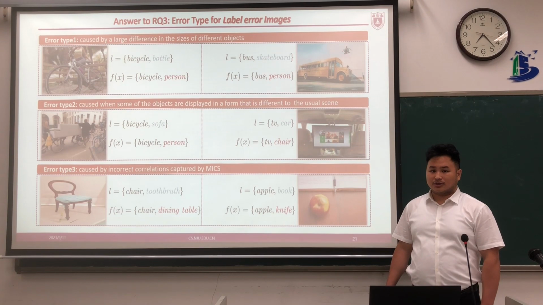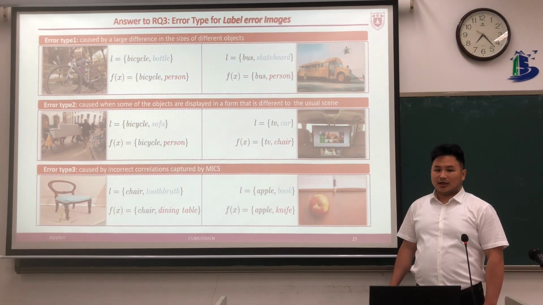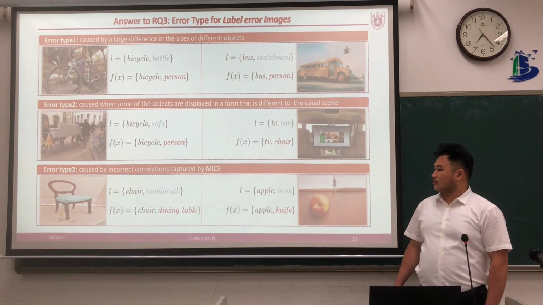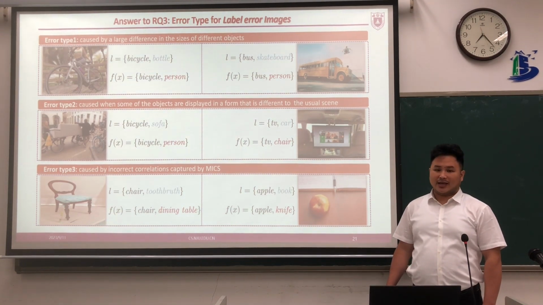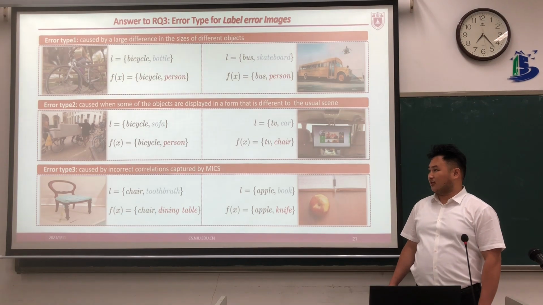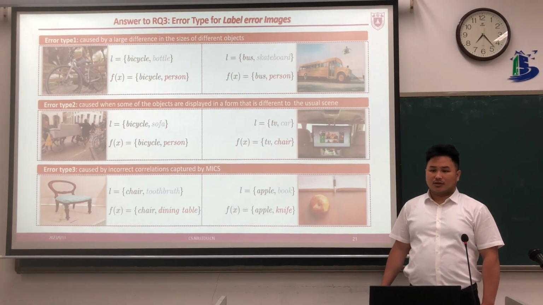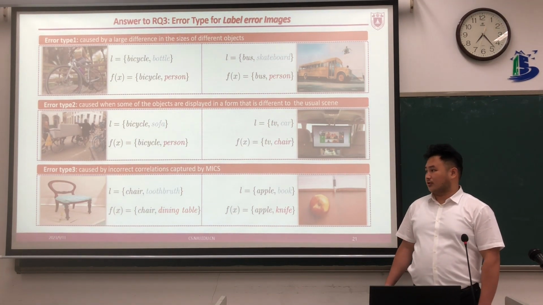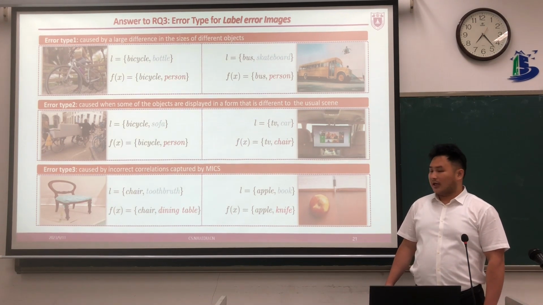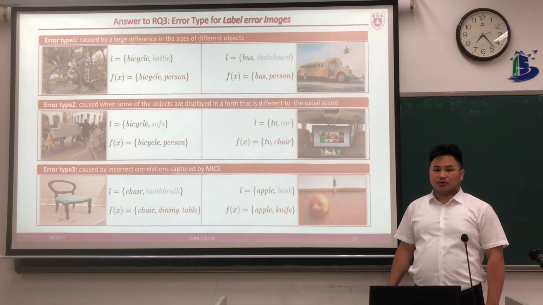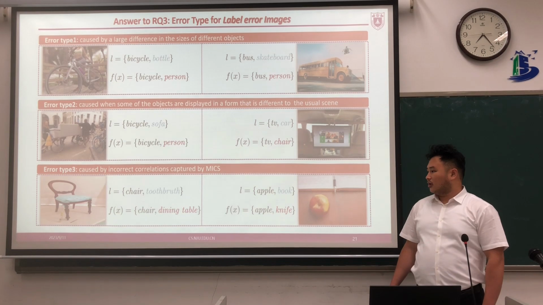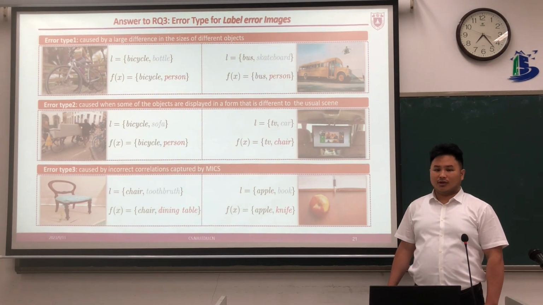Error type 2 is caused when some objects are in a different form. For example, the sofa shows its back when it appears with a bicycle. However, we often see the front or the side of the sofa. Error type 3 is caused when MSS captures incorrect correlations. For example, MSS outputs dining table when there is only a chair in the image.